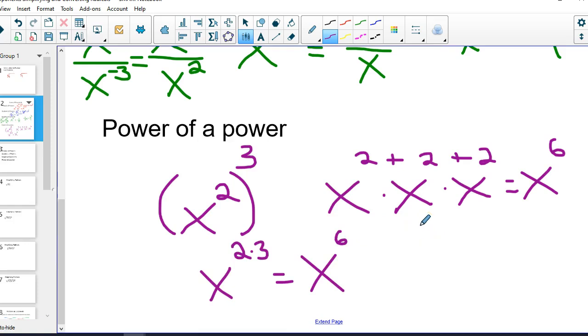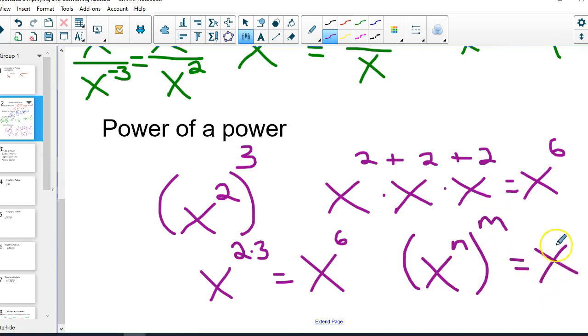And if we wanted to write this for general terms, if I have x to the n raised to the m power, that's equal to x to the n times m.